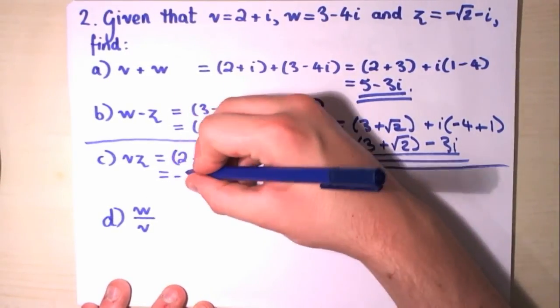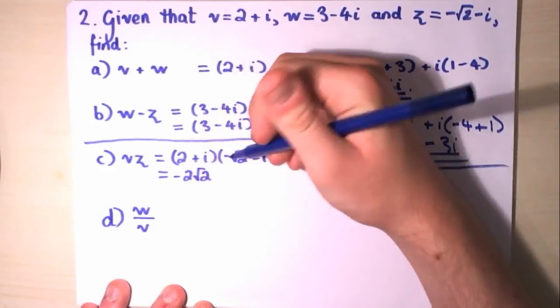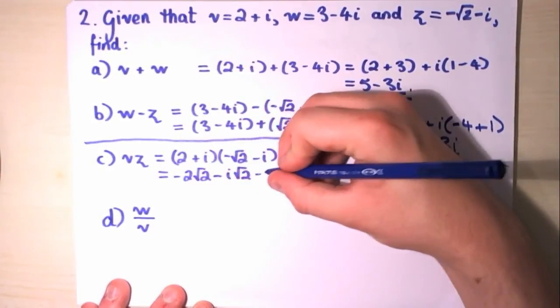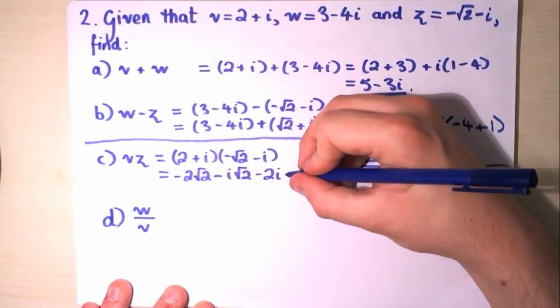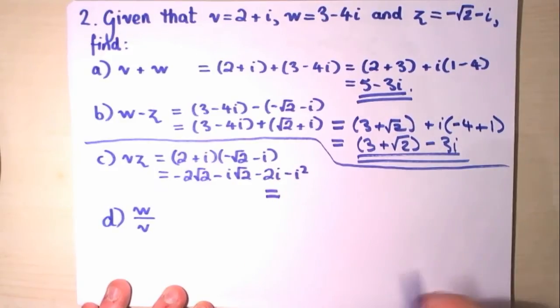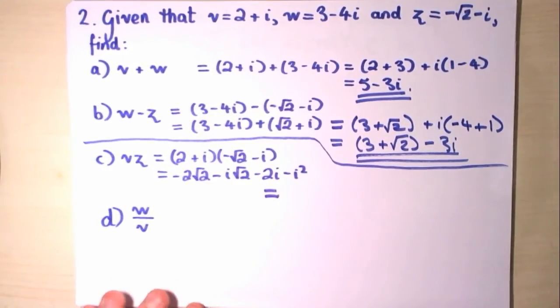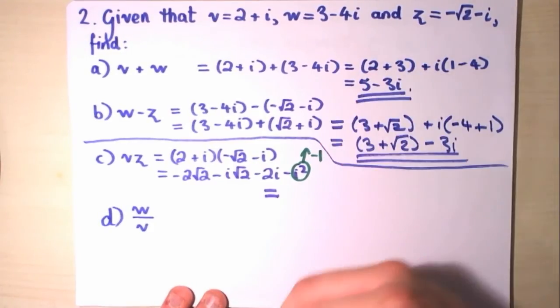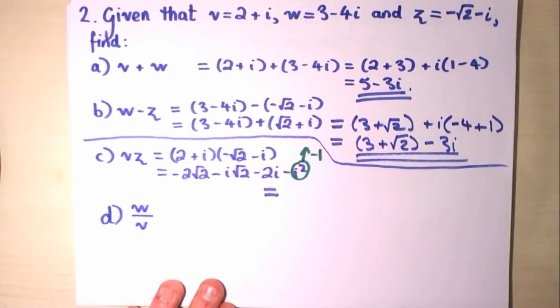We get minus 2 root 2 minus i root 2 minus 2i minus i squared. And it's important to know that i squared is equal to minus 1. So we have to use that.